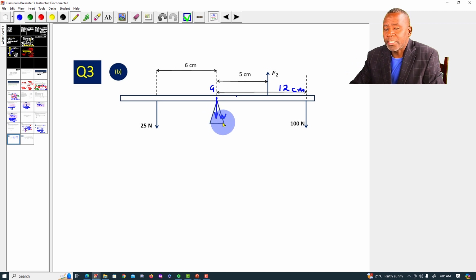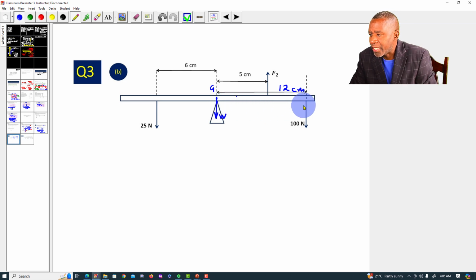Automatically it gets eliminated from the calculation. So again, the clockwise moment is due to the 100 Newton force. The anti-clockwise moment is due to F2 and the 25 Newton force.